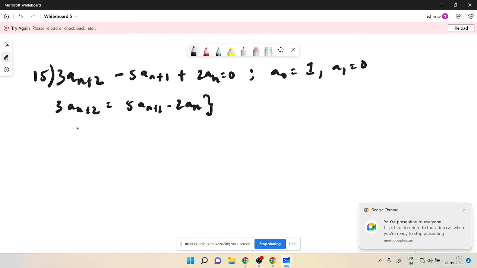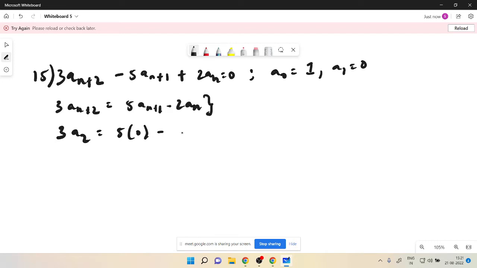Let us do one thing. Let us calculate a2 equals 5 times 0 minus 2, which implies a2 equals minus 2.